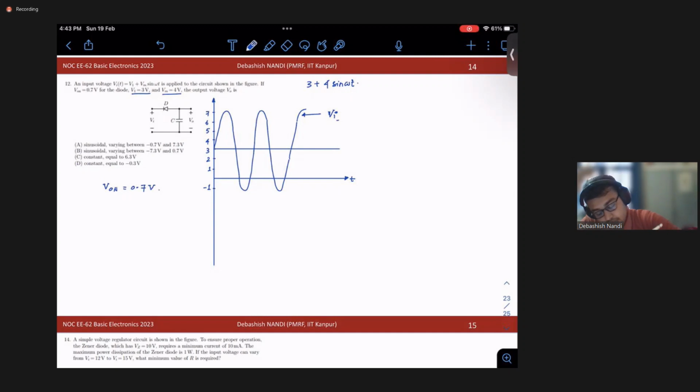So see first what happens. Suppose after some voltage the diode gets on, right? For the diode to start conducting, you can see that we need to go to the negative half cycle, right? The diode polarity is like that. Otherwise my capacitor won't charge, right?